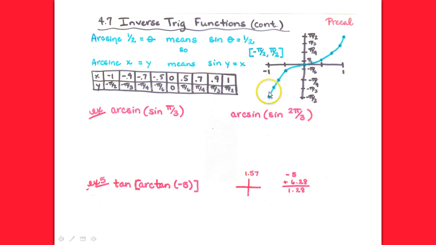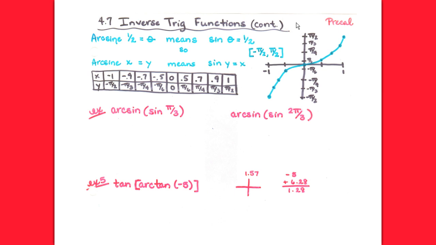So -1, negative pi over 2; negative 0.9, negative pi over 3; negative 0.7, negative pi over 4. We can plot each of those values, and that's how we get this curve that you see. It starts over here at -1 and goes over here to +1, and again, that's our domain, and then our range is from negative pi over 2 to positive pi over 2.